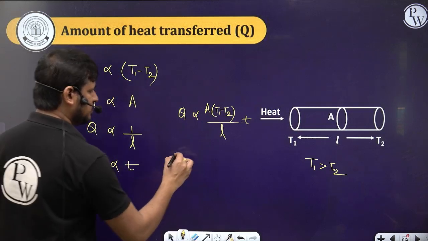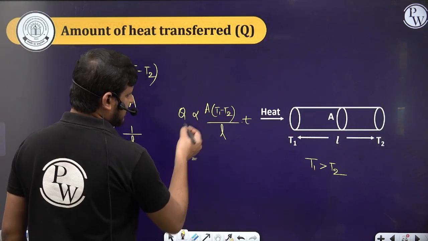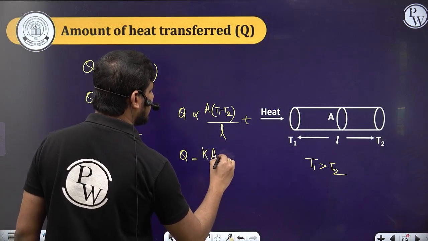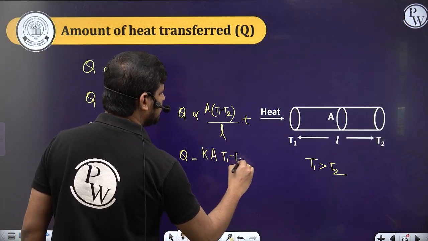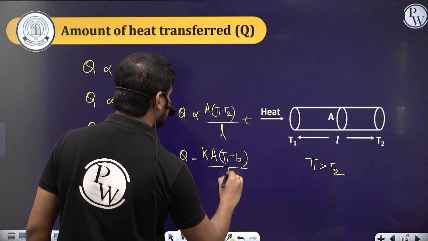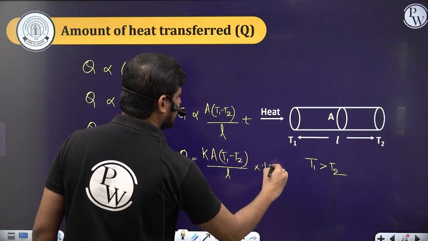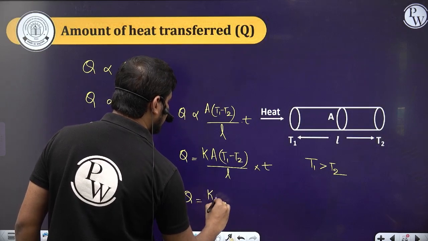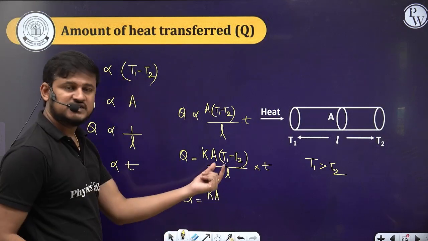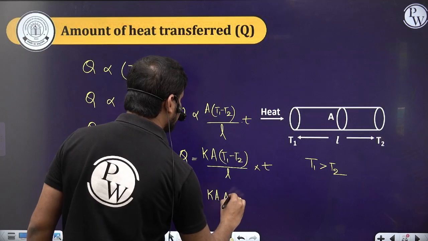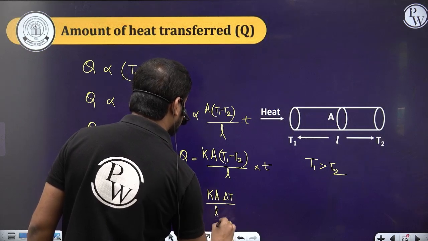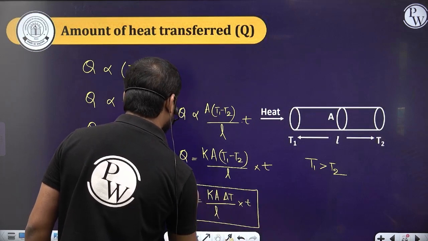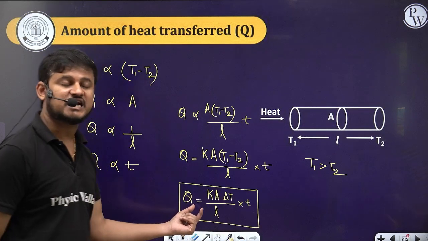So Q is directly proportional to the cross sectional area, the temperature difference, inversely proportional to length, and directly proportional to time. Taking out the proportional symbol and putting the proportionality constant K: Q equals K A (T1 minus T2) t by L, or K A delta T t by L, where delta T is the temperature difference. So this is the heat transfer.